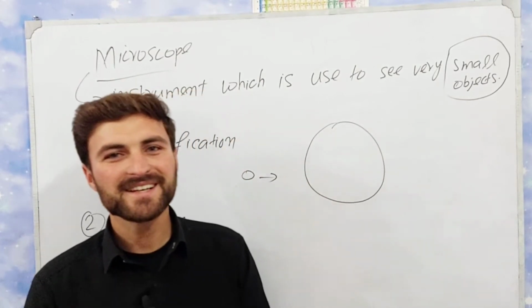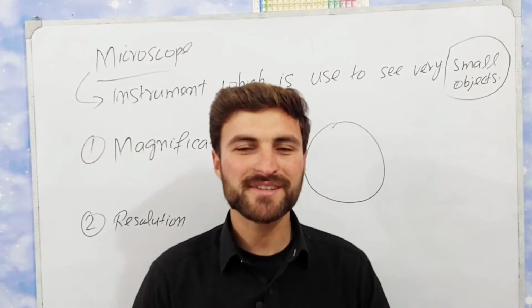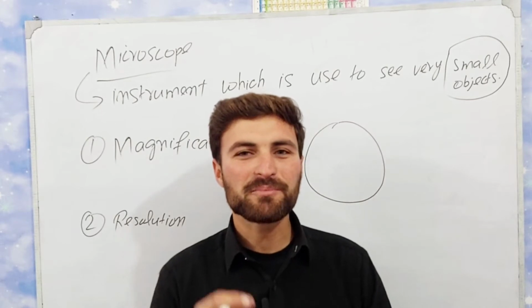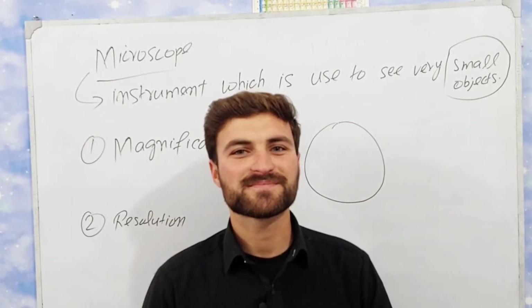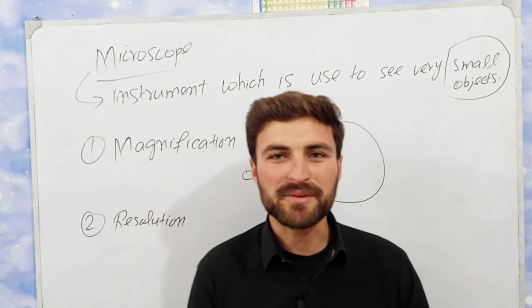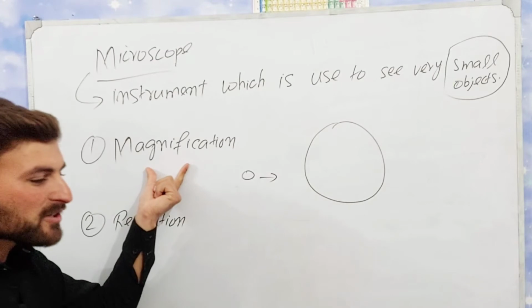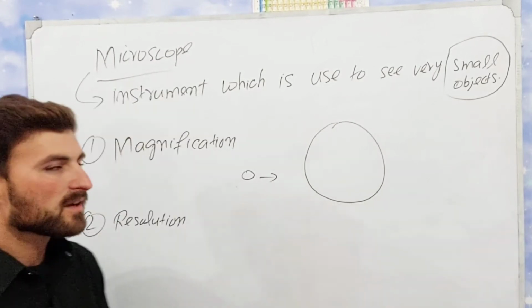Now don't think that if we put something in a microscope to be observed, that object becomes larger. Not the object, but the image of the object becomes larger. This property of the microscope is known as magnification, that it magnifies the image of an object.